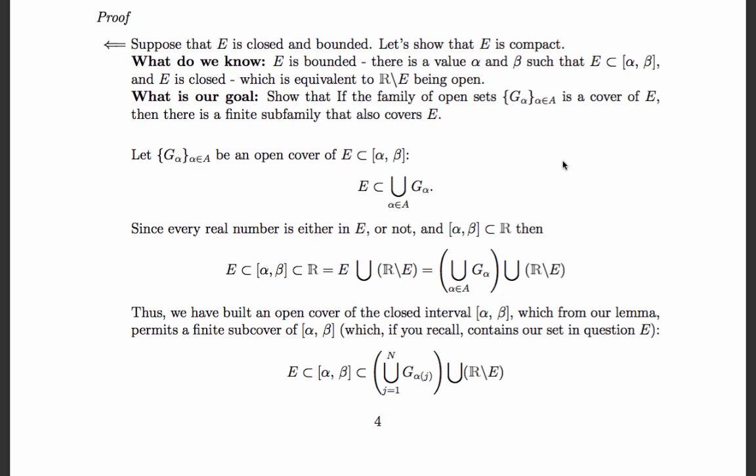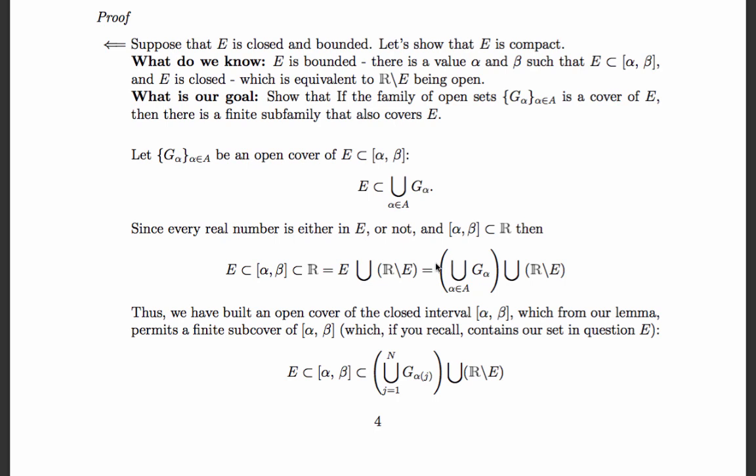Let G alpha be an open cover of E. In other words, a family of open sets whose union contains E. Now, E is contained in the closed interval alpha to beta because alpha and beta are the bounds of E. And the closed interval alpha to beta is, of course, a subset of the real line. And the real line is equal to every number in E and not in E because, well, every real number is either in E or not.